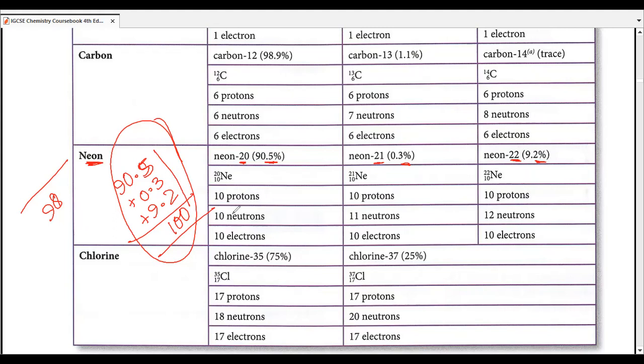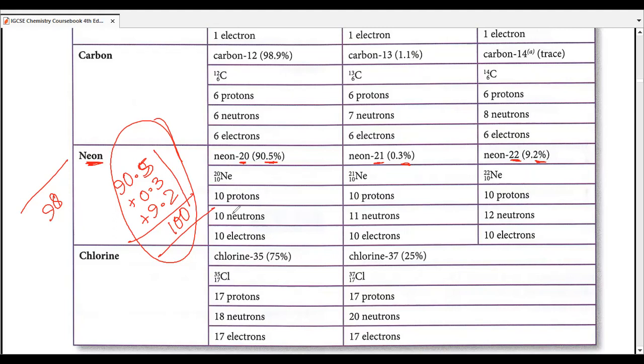Let's say it adds up to 98.8, divide by 98.8 and not 100. That's where you're not going to get it correct. It's not the assumption of 100 atoms that gives us the value 100. It's actually the sum of the relative abundance of all the isotopes that we need to divide by. Make sense? Yes, sir, I got it.